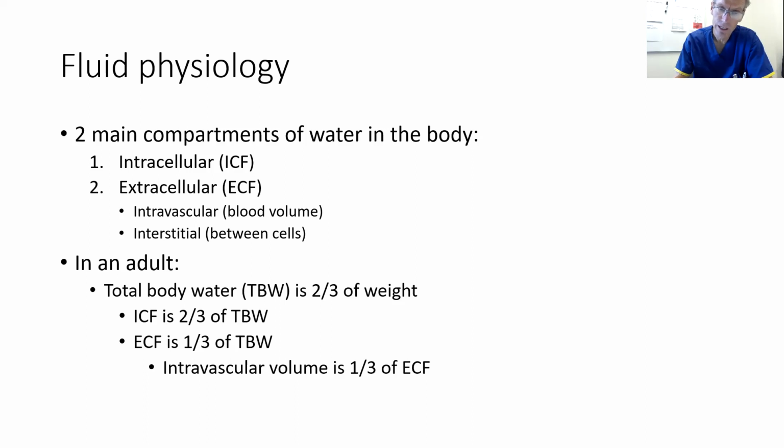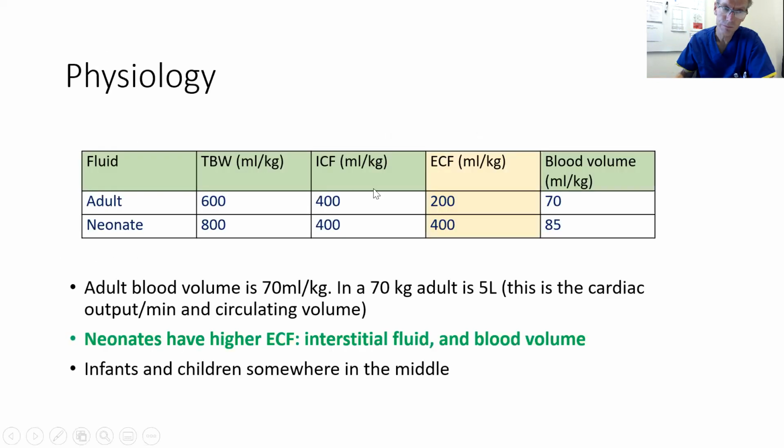And of the fluid outside the cells, about 1/3 of that is in the intravascular volume. So the main thing is to just know that there's intracellular and extracellular, and of the extracellular, there's intravascular and interstitial. These are the body water compartments.